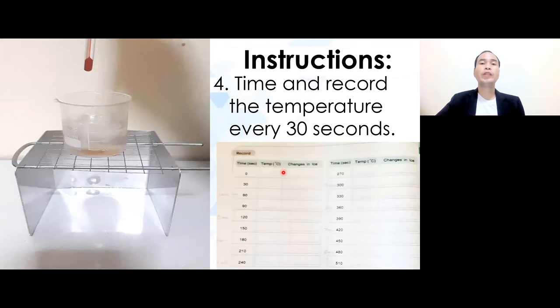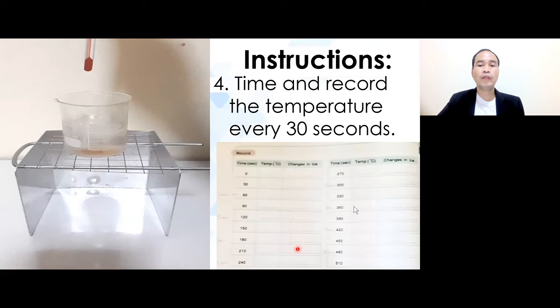Instruction number 4. Make sure to get your stopwatch and time and record the temperature every 30 seconds. If you open your book, you can see the record sheet, so make sure to use your pencil to record as you are listening to the video. Every 30 seconds, and in your book it will last for about 8 minutes or almost 9 minutes.